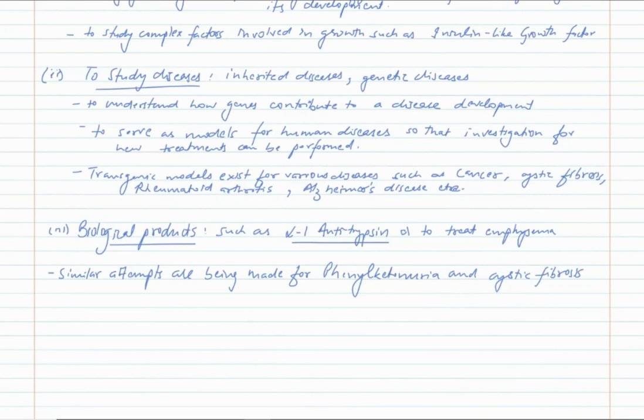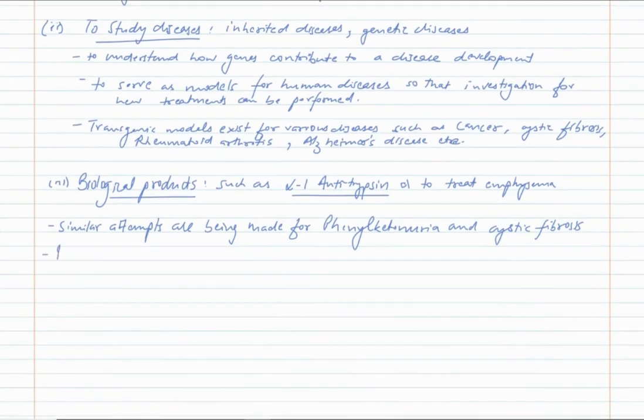In the year 1997, we had the first transgenic cow called Rosie, which produced milk enriched with protein.